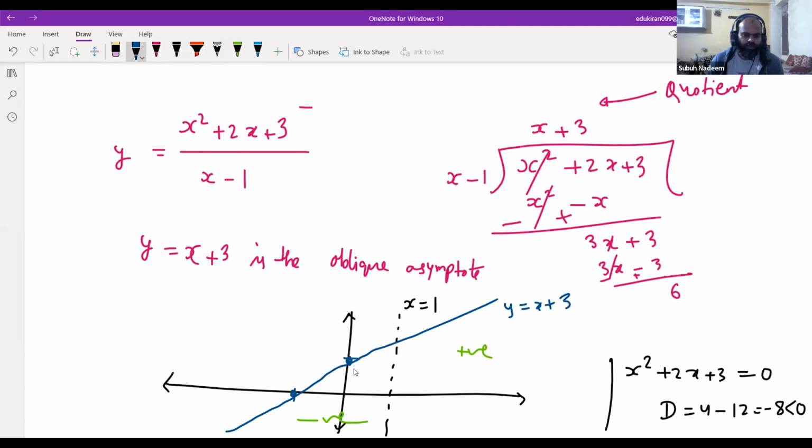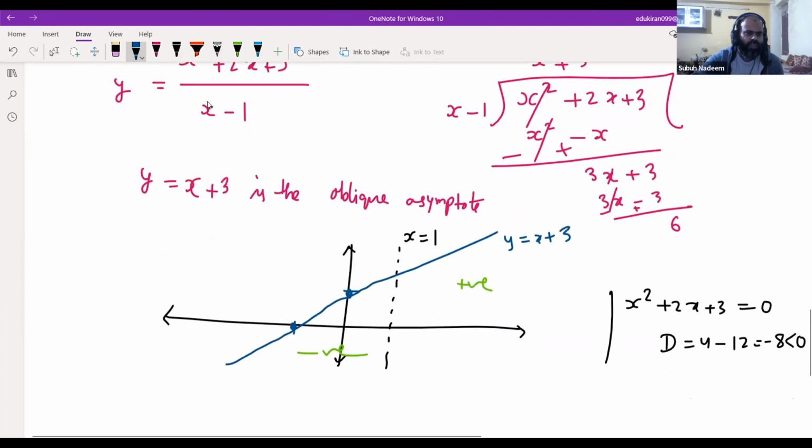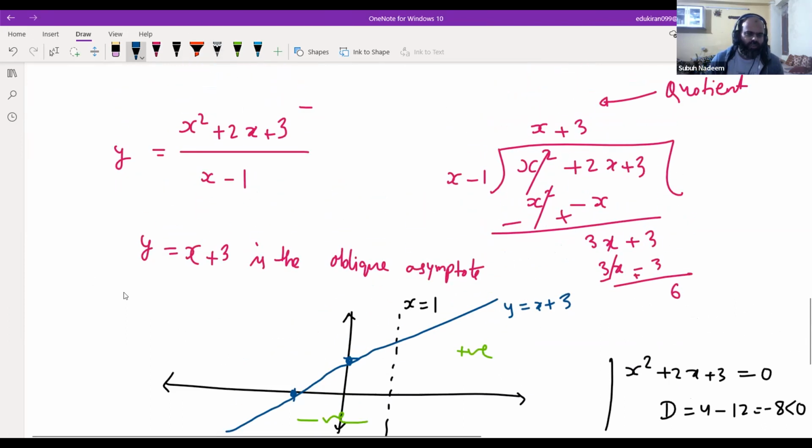Now, this is an oblique asymptote, and x equal to 1 is a vertical asymptote. You don't have to do this much. They are just asking for the oblique asymptote. So your answer is this, but I'm just explaining it to you. Now, if you draw the graph, it will be something like this. But we have remainder as 6, right? Yeah, that does not have to do anything.